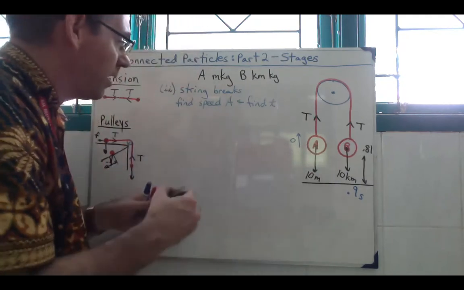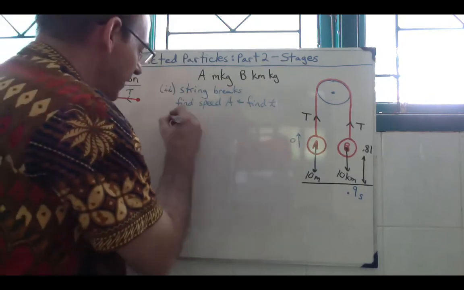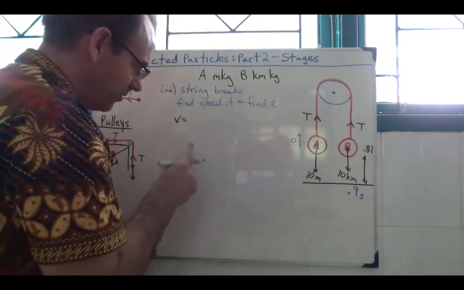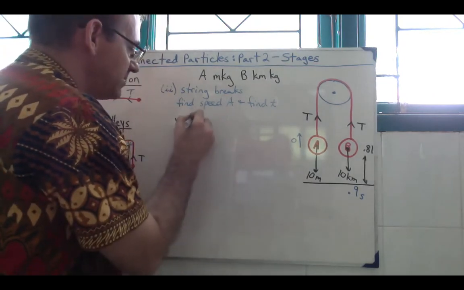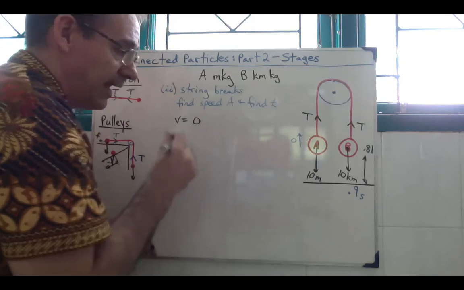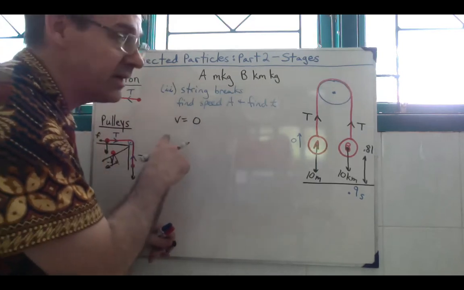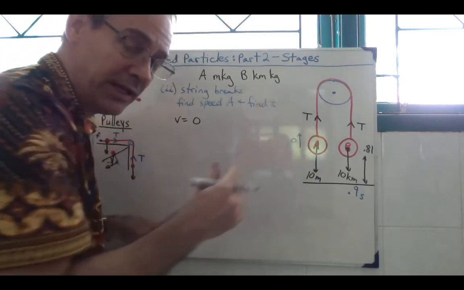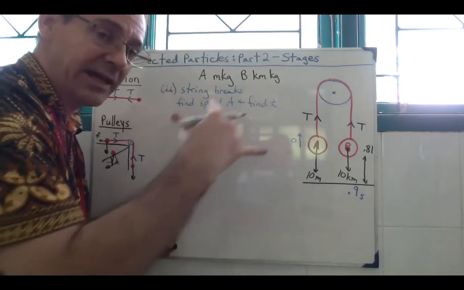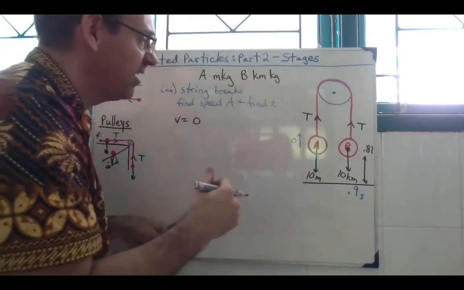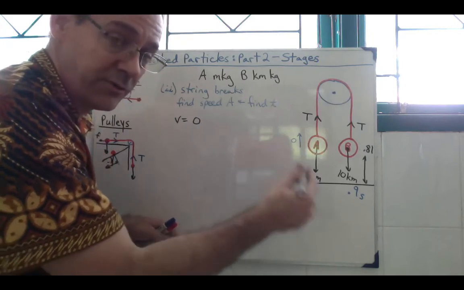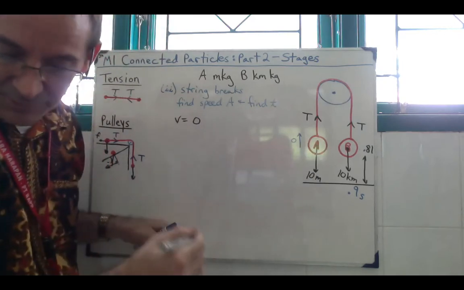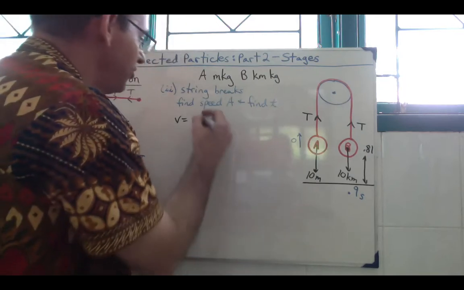Our final velocity is what we're looking for. Our initial velocity is 0. And right now, since we're looking for the velocity at the point the string broke, we're still actually in the first stage. So our acceleration is still 2. We solved for acceleration in the previous part, and we got 2.